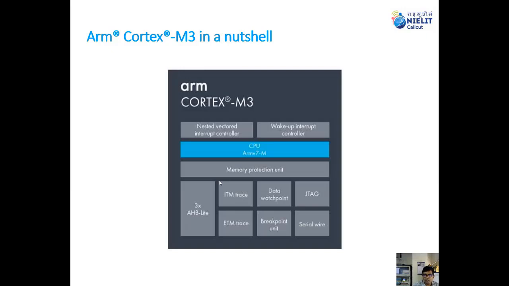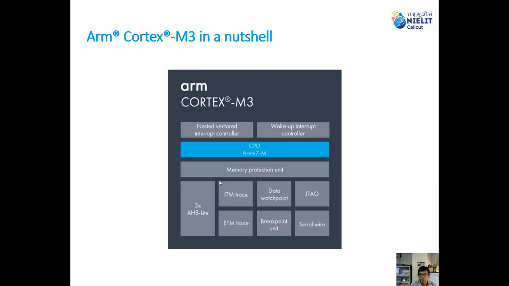In the last session we saw about the Cortex M3: what Cortex M3 microcontrollers are and their different features. As part of this Cortex M3, along with the ARMv7-M core, a few peripherals are embedded in it, like NVIC, a few MPUs, and similarly the bus architectures.